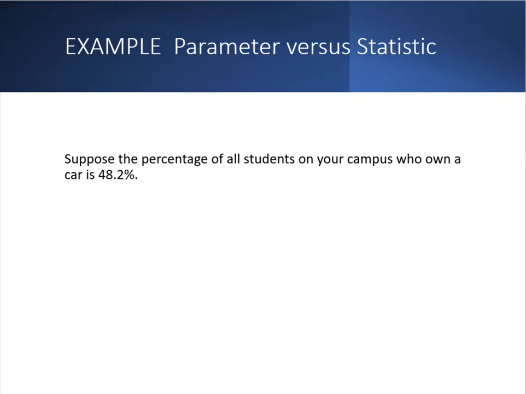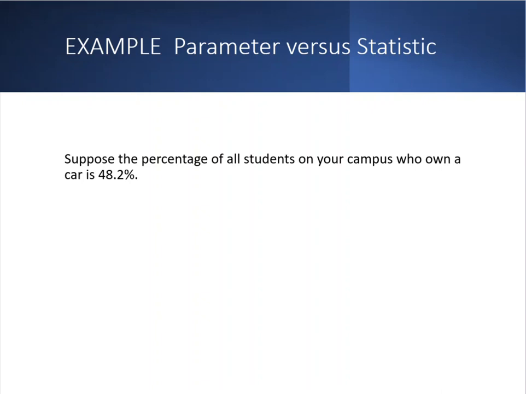It says, suppose that the percentage of all students on your campus who own a car is 48.2%. And what I want to know is, the 48.2% that's listed there, which is a numerical summary, is this describing a parameter? Is it describing a population, or is it describing a sample? So we need to ask ourselves, 48.2% is describing all students on campus.